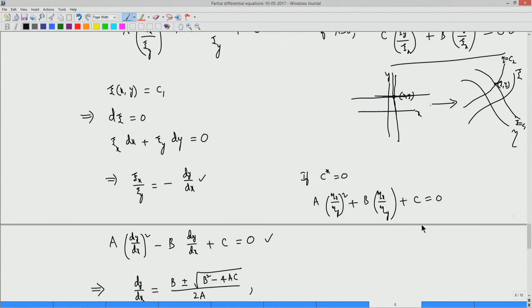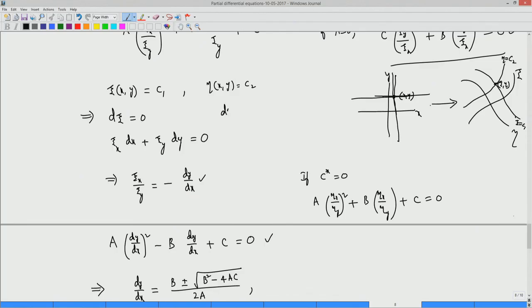Okay. So again, if any point x y goes to xi and eta, xi is constant, and also eta of x y equal to c2.